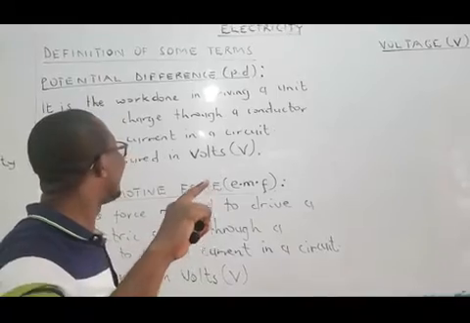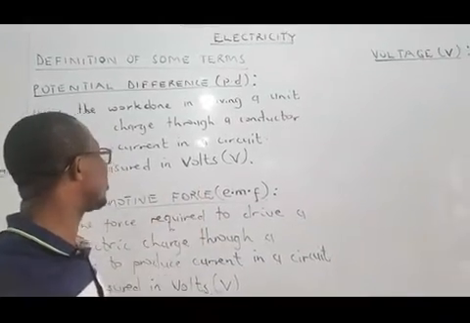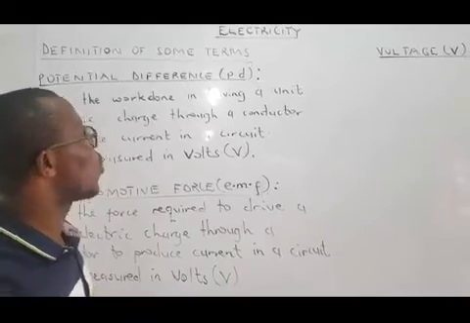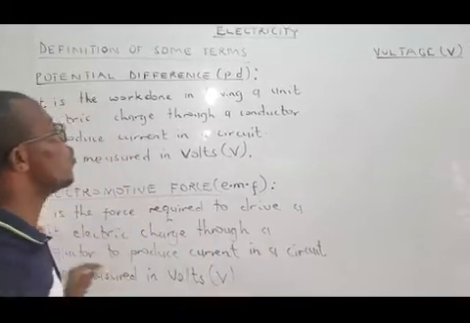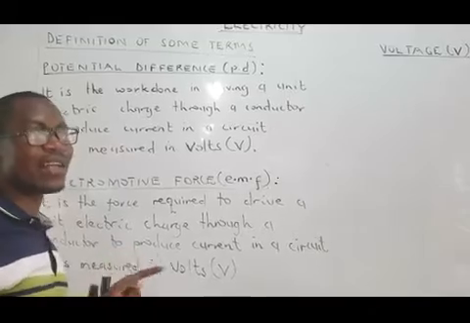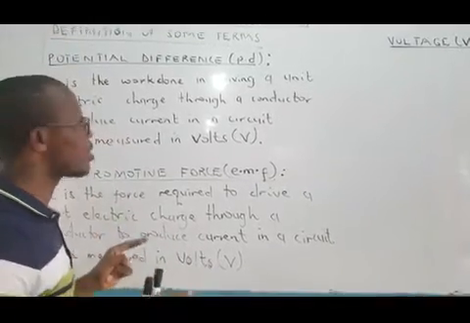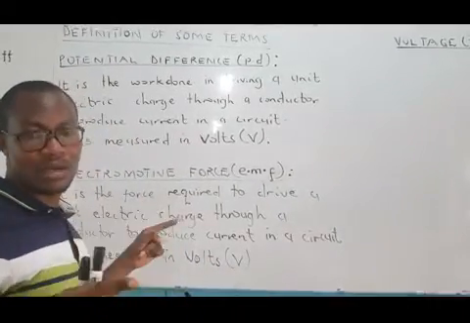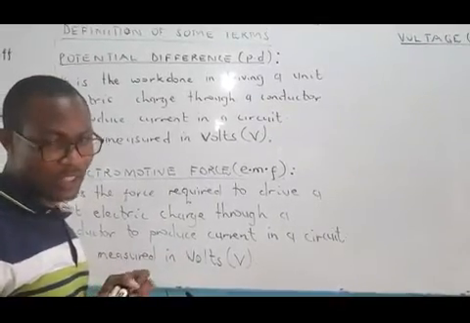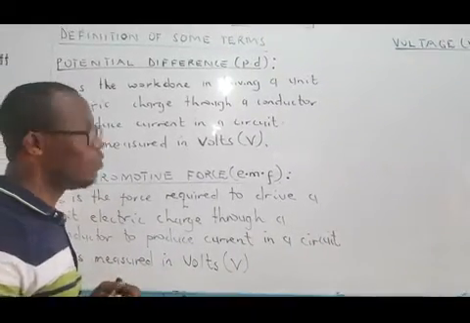It is when the circuit is closed that current will flow through the circuit. So when current is flowing through a circuit, the potential difference that is measured across the terminals of a cell in the circuit is what we refer to as the voltage.